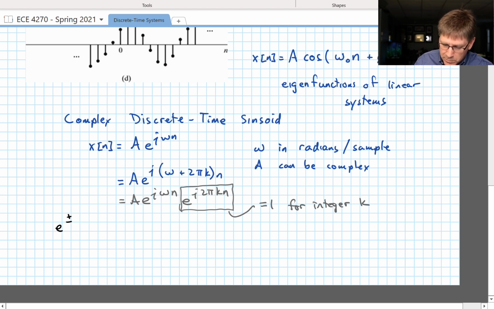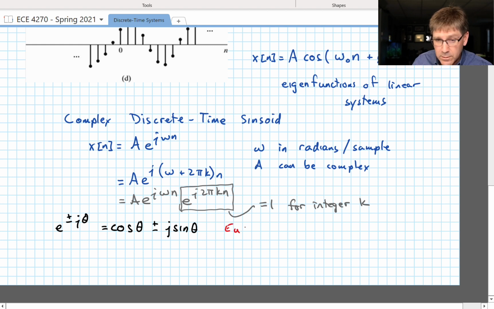We won't be proving that in this class, but if you have e to the plus or minus j theta, that's just equal to cosine theta plus or minus j sine theta. And this is called Euler's identity.